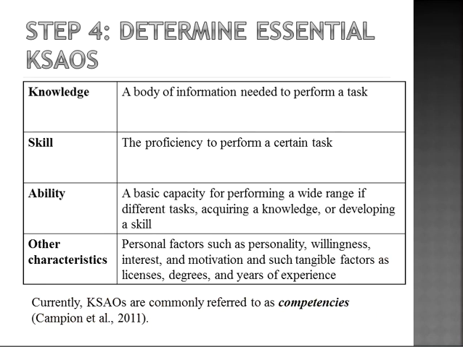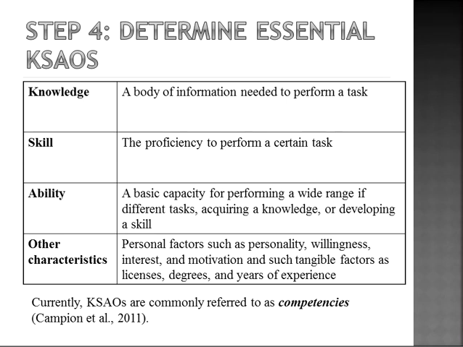Step 4. Once the task analysis is completed, and a job analyst has a list of tasks that are essential for the proper performance of a job, the next step is to identify the KSAOs needed to perform the task. So step 4, determine essential KSAOs.